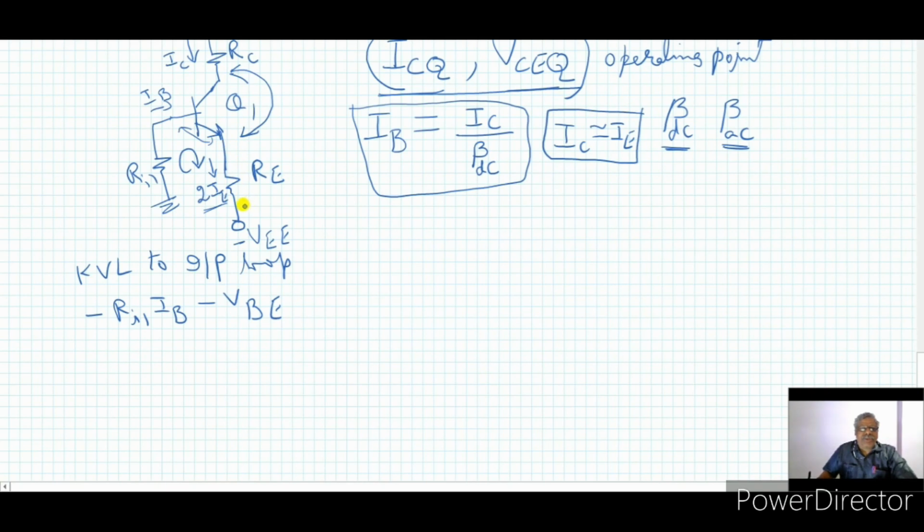Then the drop across this emitter resistance is minus 2 IE RE, and minus VEE, which is equal to 0. This is the KVL for the input loop.